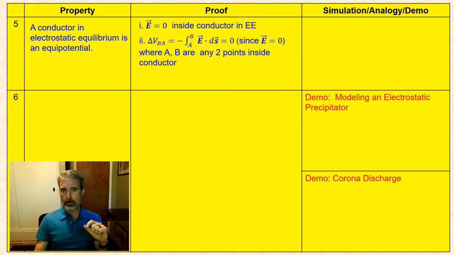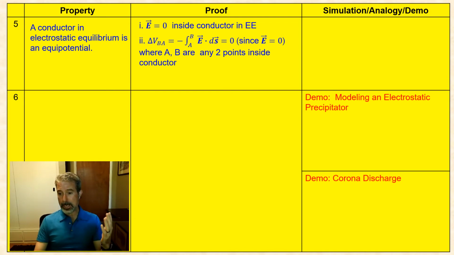If the electric field is 0, then from our definition of electric potential difference, if we consider the difference in electric potential between any 2 points within that conductor, and the electric field is 0 for all points inside the conductor, then that implies the electric potential difference between those 2 points is 0 as well.